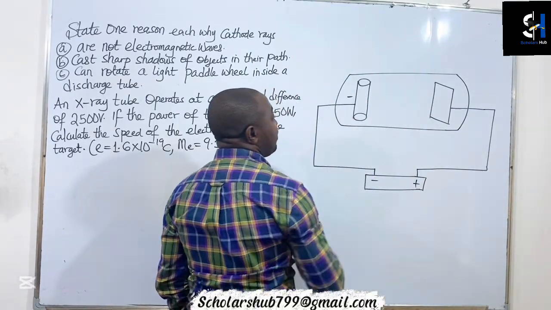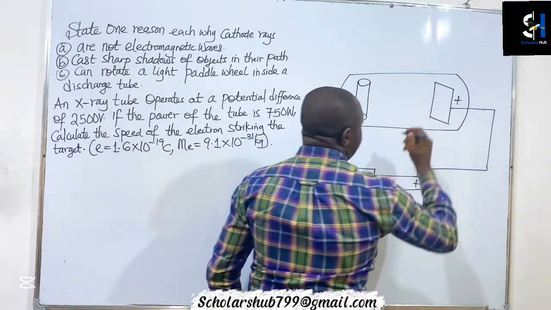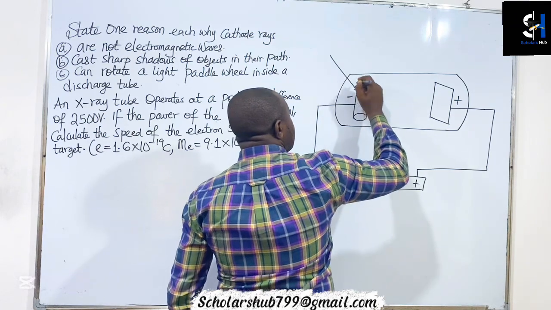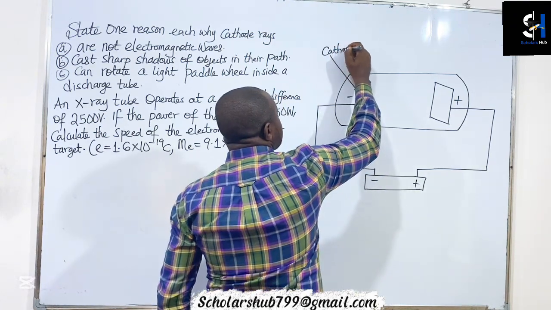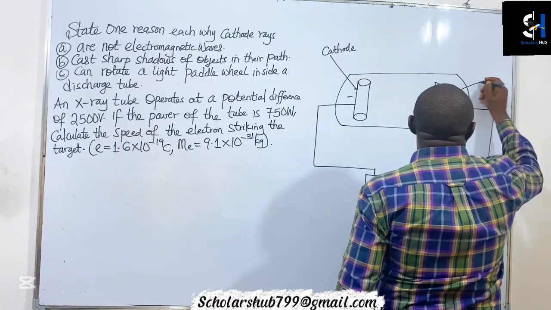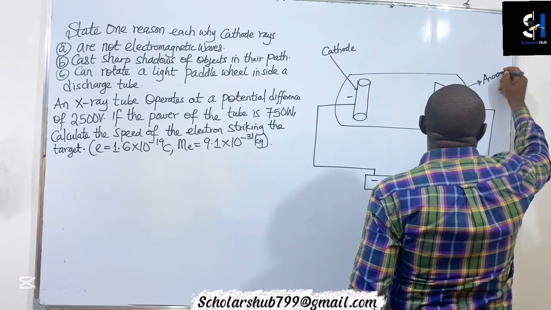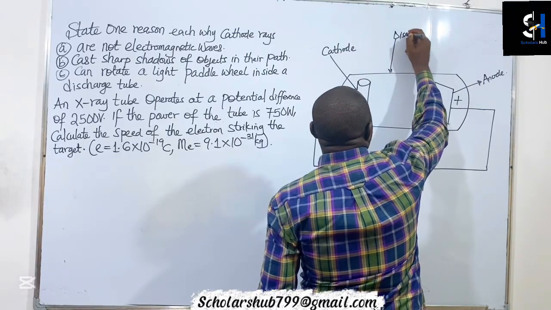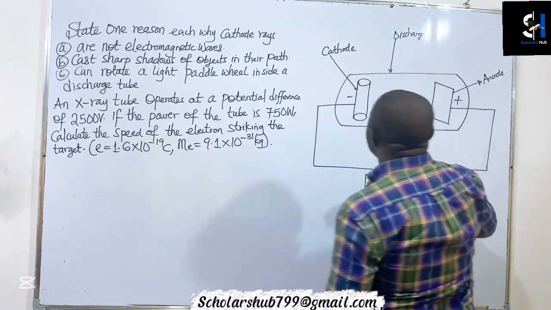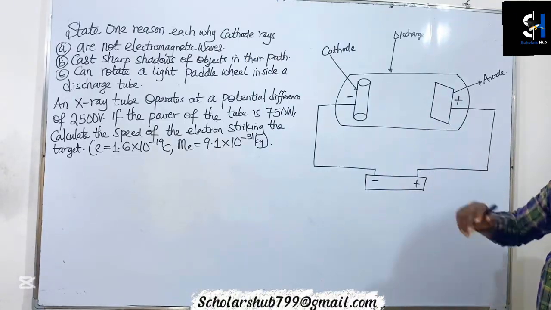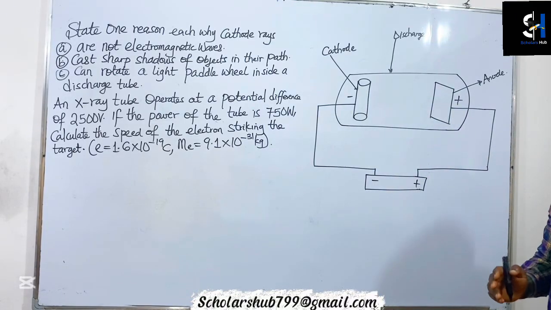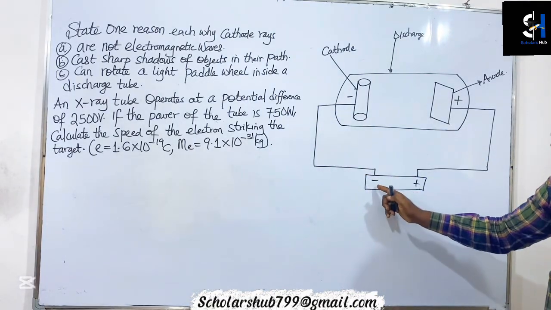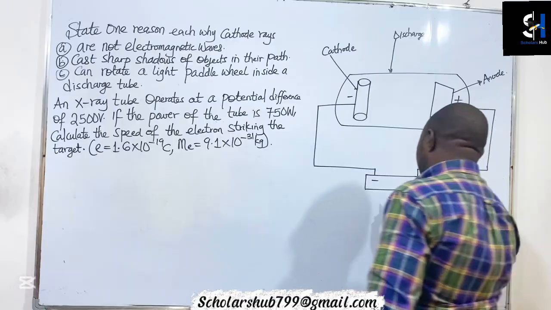So this is the negative electrode, and this is the positive electrode. The negative electrode is known as the cathode, while the positive electrode is known as the anode. Now, this is what we call a discharge tube: the cylindrical hard glass tube fitted with two metallic electrodes. This electrode is connected to the negative terminal of the source of electricity.